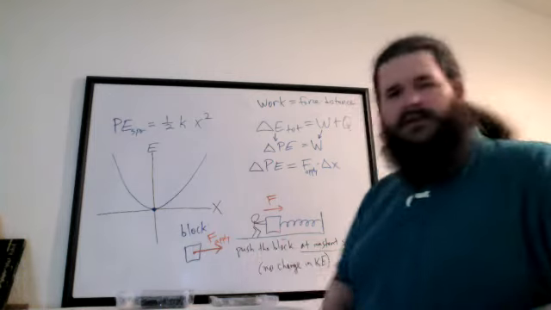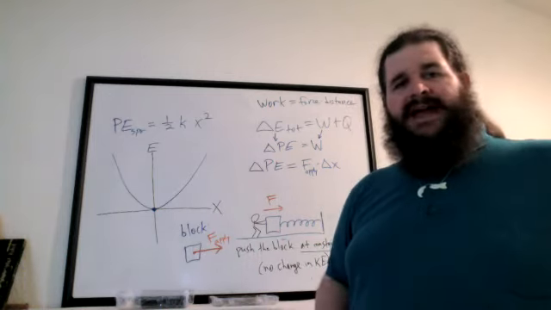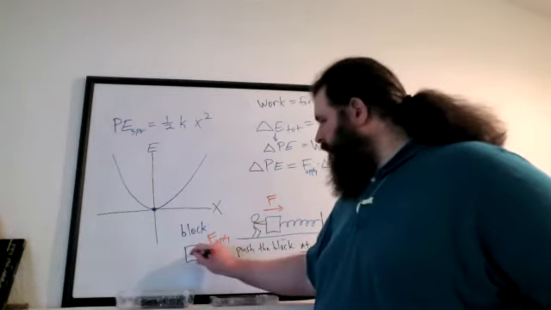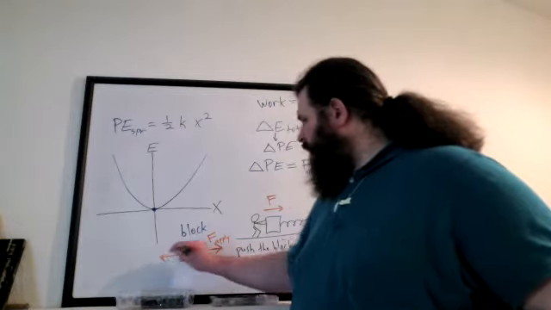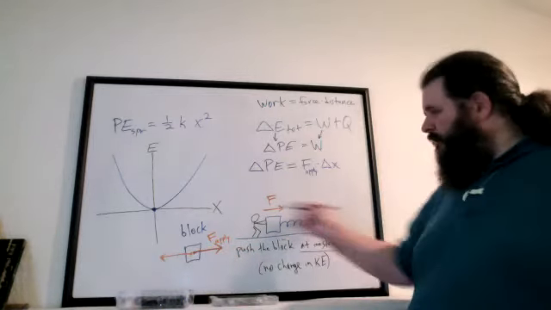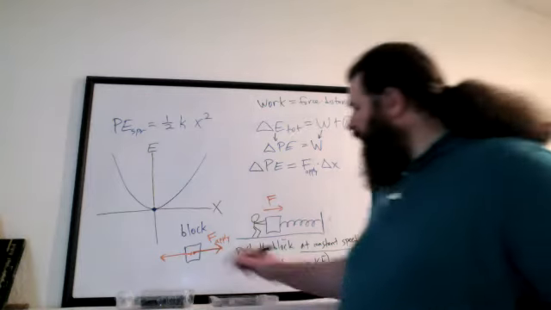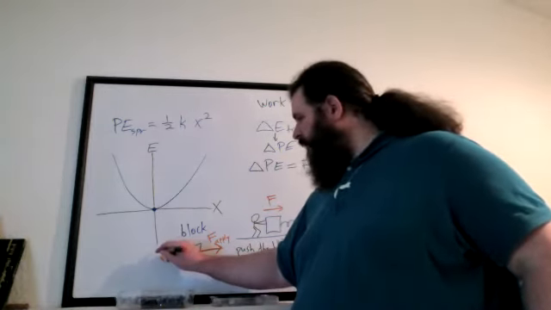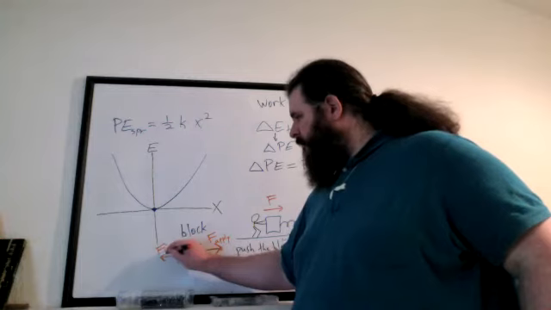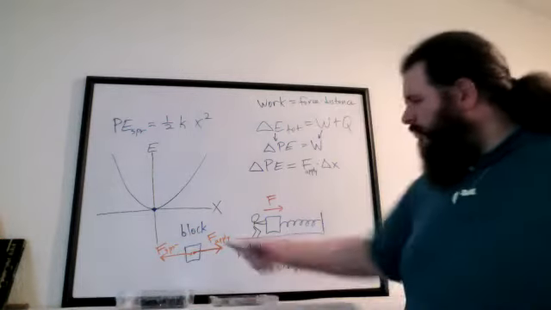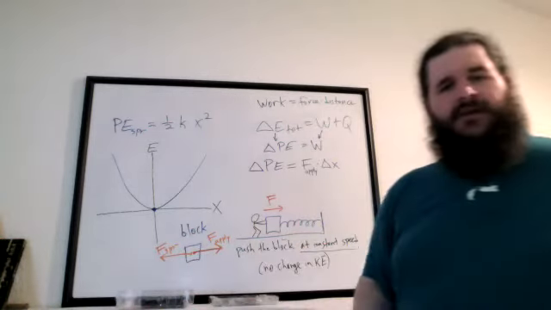Your applied force, but you're pushing back against the force from the spring. As the spring gets compressed, the spring pushes back to the left. The spring pushes outwards, away from the direction you're pushing. So you're pushing in one direction, the spring's pushing in the other direction.